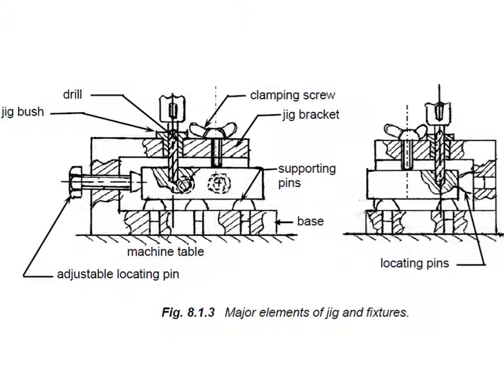Two locating pins are coming from one perpendicular side and another locating pin from the third side, which is perpendicular to both the planes. And you have got a jig bracket on the top, and on that you have got a clamping screw, and there is a mechanism for guiding the drill from the top.